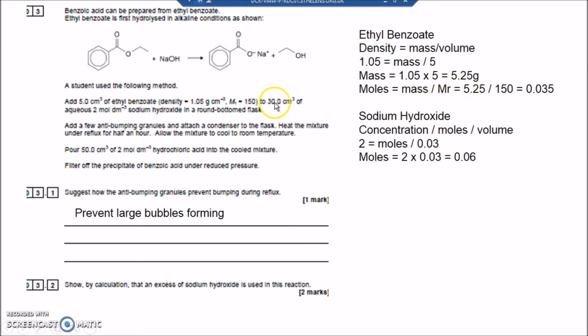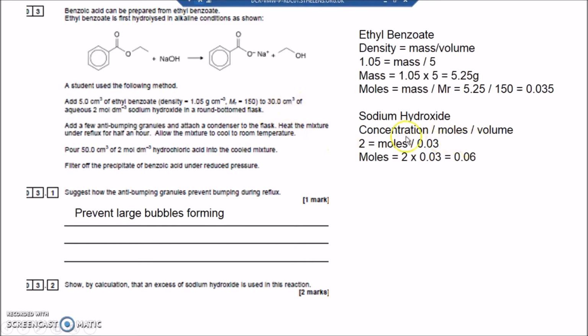Now with the same thing here, centimeter cubed and volume, so concentration equals moles divided by volume. Concentration equals moles divided by volume. So 2 equals moles divided by 0.03. Look what I've done there: 30 centimeter cubed, I've converted that into decimeter cubed.